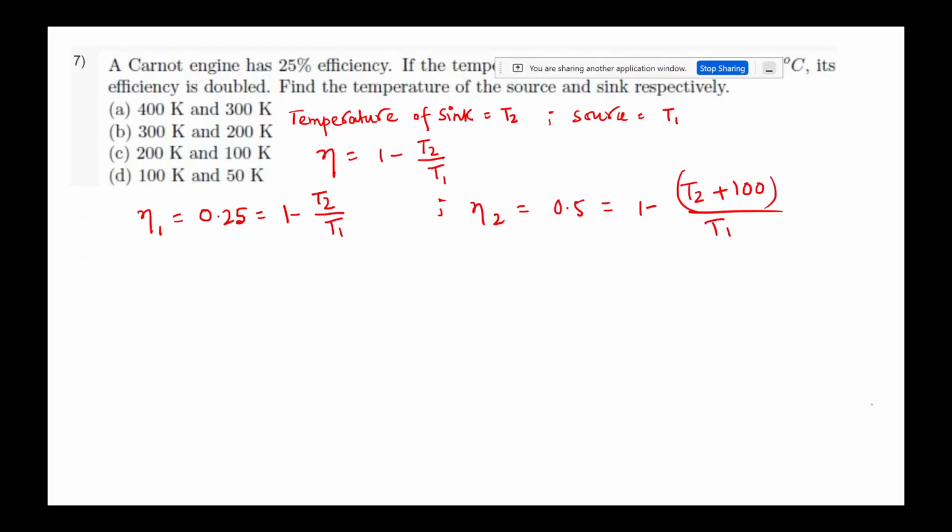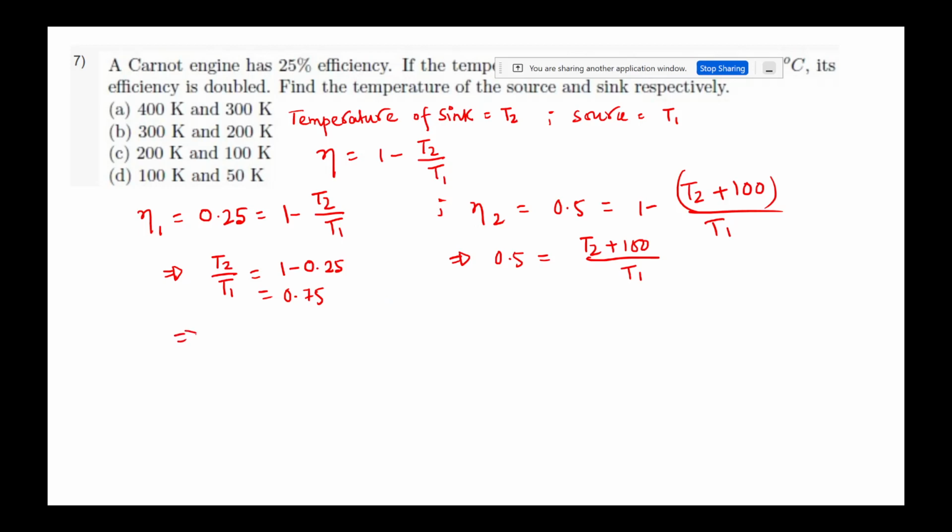Okay. So this is 0.25. Here T2 by T1 will be 1 minus 0.25, that will be 0.75, and for this case, 0.5 is equal to 1 minus (T2 minus 100) by T1.